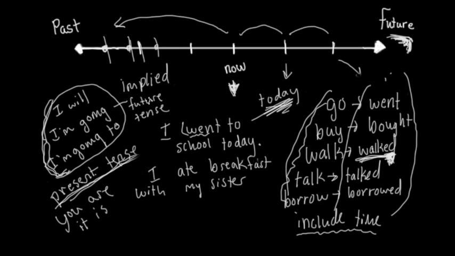And implied means you can guess that without saying it, right? If I say I ate breakfast with my sister, it's today. Because if it wasn't today, I would say yesterday or something. Right? It's implied that it's today.